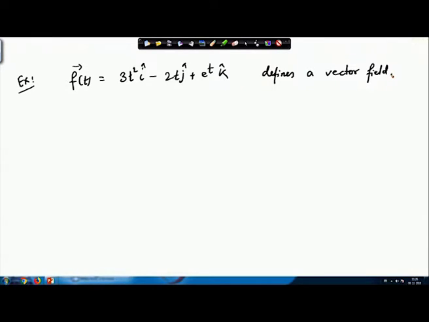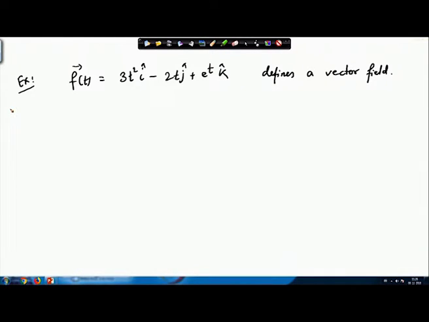We can have any domain, and then this will be defining a vector field. In a similar fashion we can define all sorts of vector functions. Defining a vector function and its domain of definition is really not a very complicated thing.